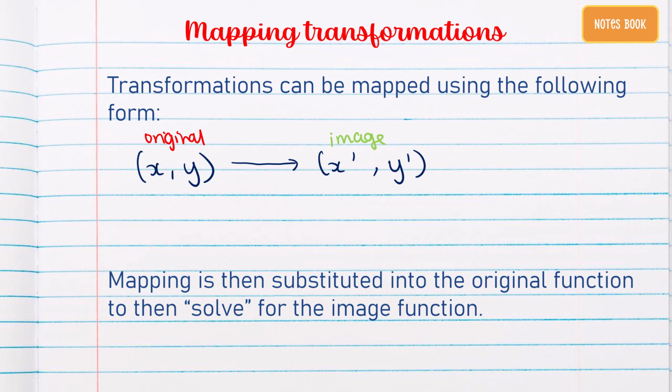Once we have that mapping, we substitute that into the original function and solve for what we call the image function. And this is where your x's tend to be the opposite of what the transformation actually says, whereas your y's tend to do exactly what that transformation says. So we're going to start by looking at translations.